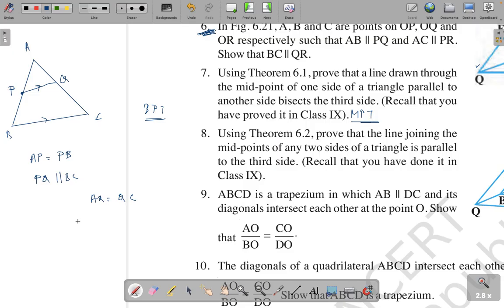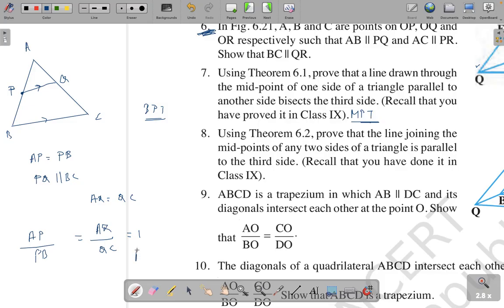So we can just apply the BPT here. Since PQ is parallel to BC, you can say AP upon PB is equal to AQ upon QC. AP is equal to PB, so this ratio becomes 1.